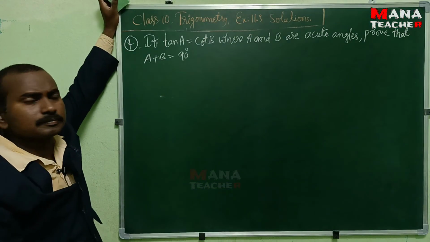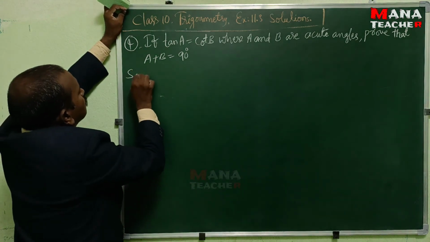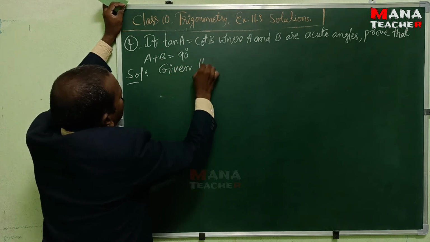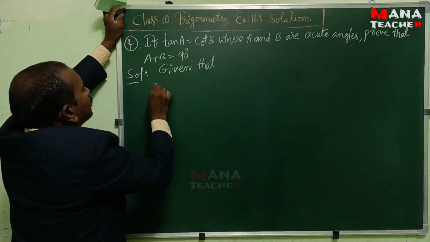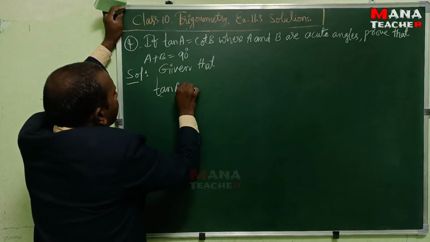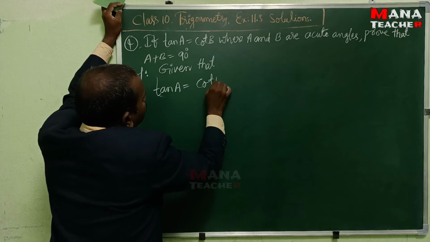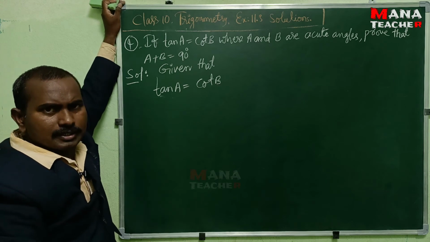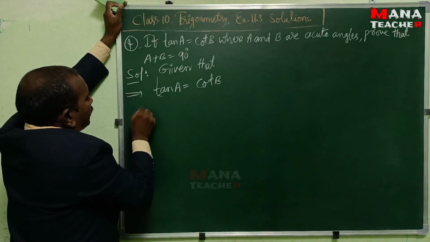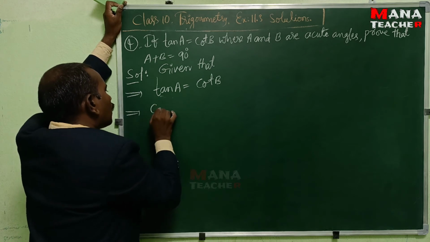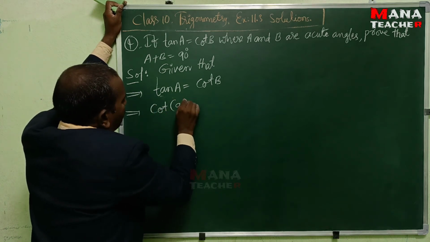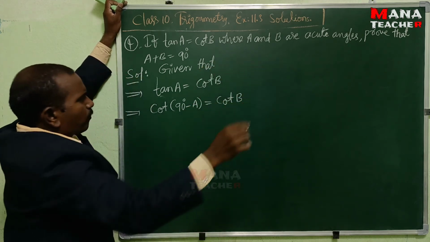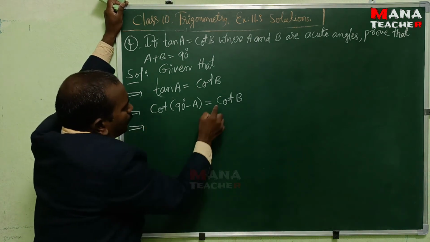Now fourth. Given that tan A equals cot B. Here A, B are acute angles. Now tan A write in the form of cot of 90 minus A, that equals cot B. Both sides have cot ratio.